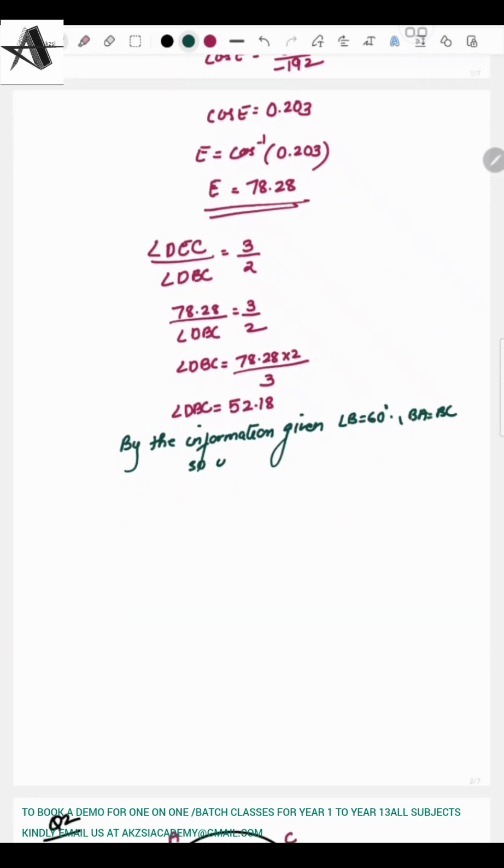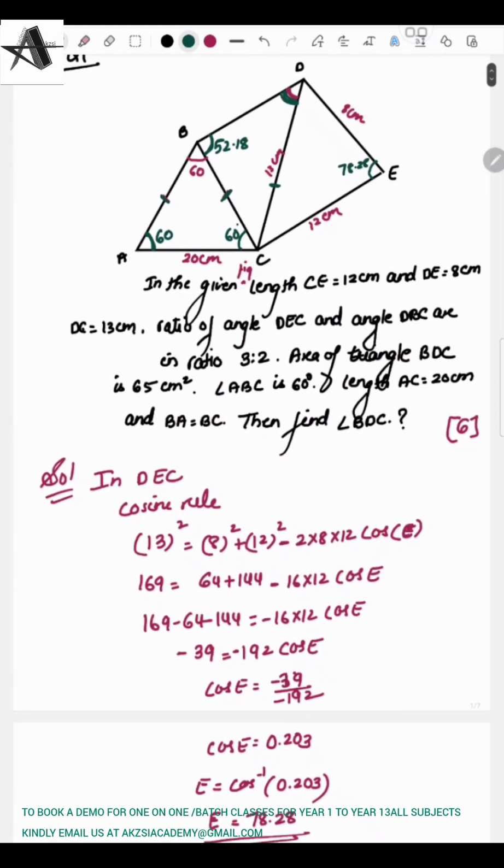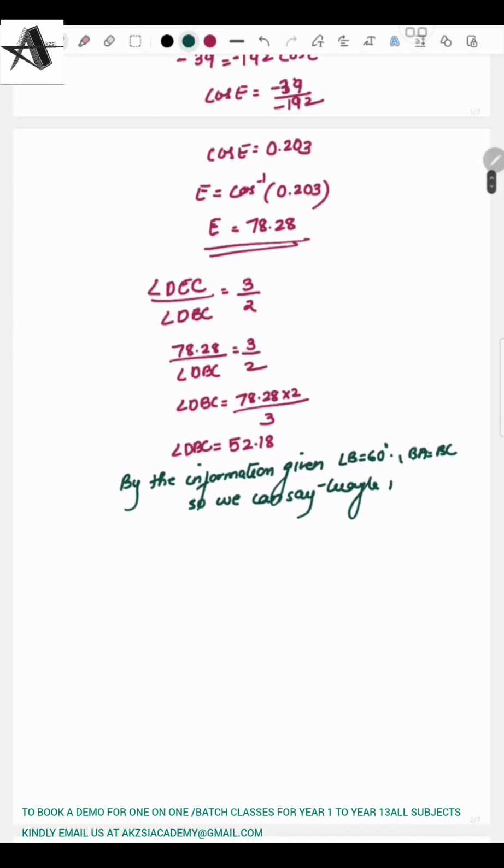So we can say, now I have to see which triangle I'm talking about. This triangle ABC is an equilateral triangle.